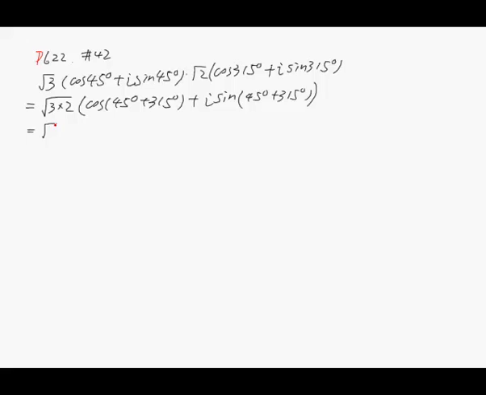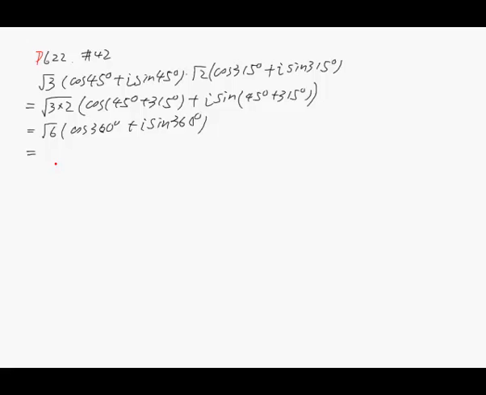Then simplify, you have root of 6. 45 plus 315 is equal to 360 degrees, so you have cosine of 360 degrees plus i times sine 360 degrees.